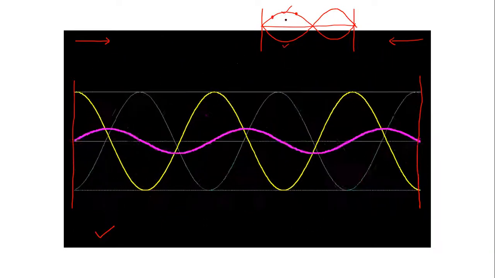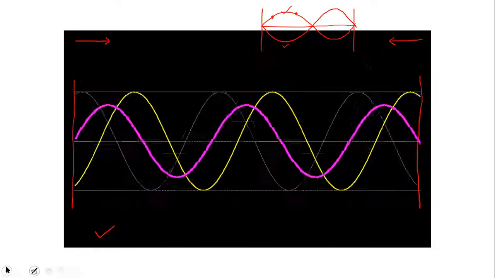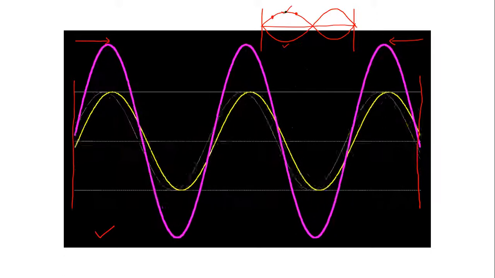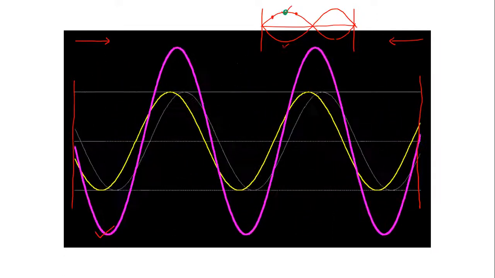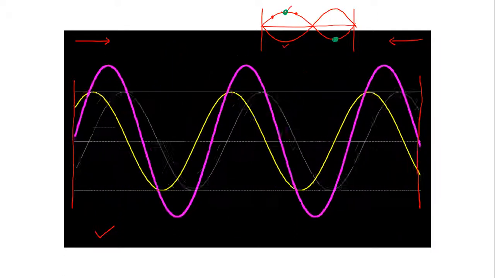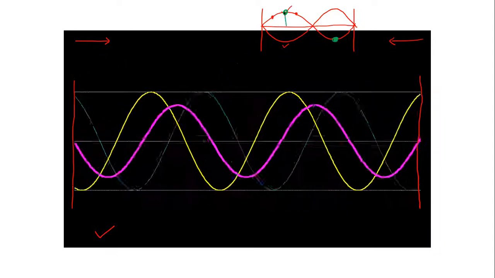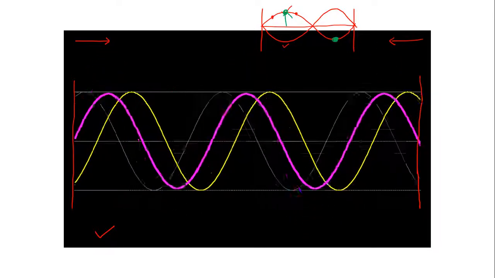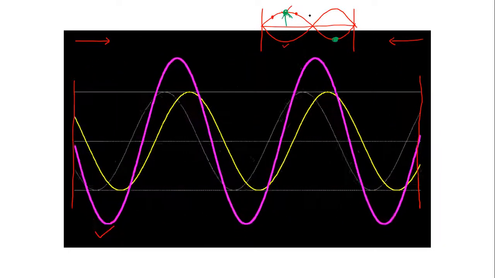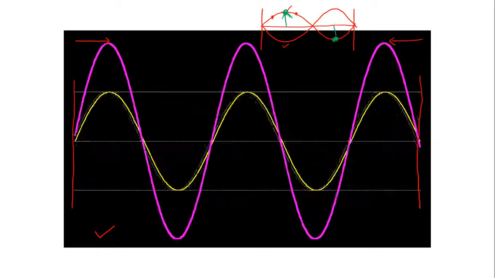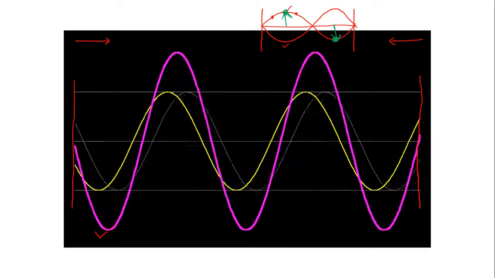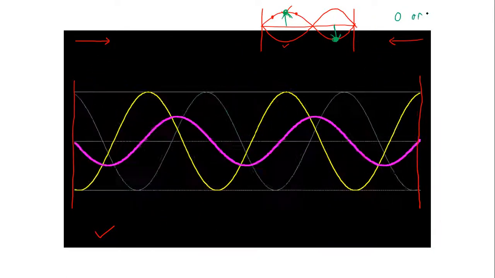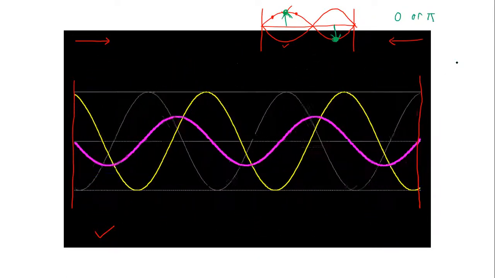Now suppose I consider one more point here in this loop, and you take another, adjacent loop. You can see from the pink resultant wave that when this one is up, the other one is exactly opposite. So there can be a phase difference of 0 or pi in a standing or stationary wave.